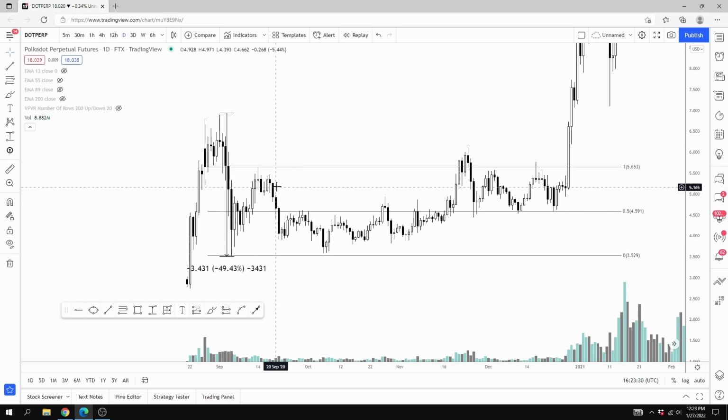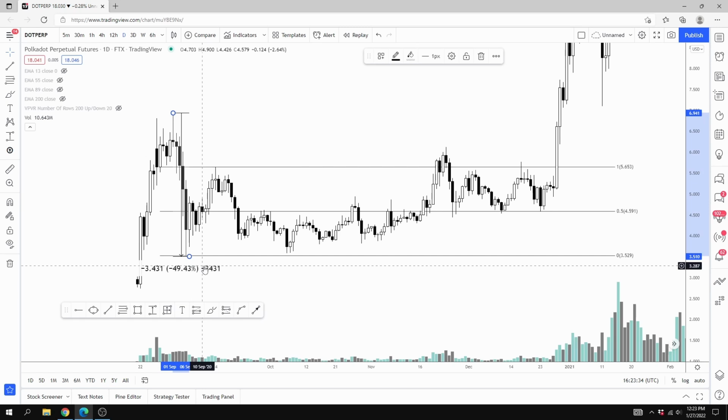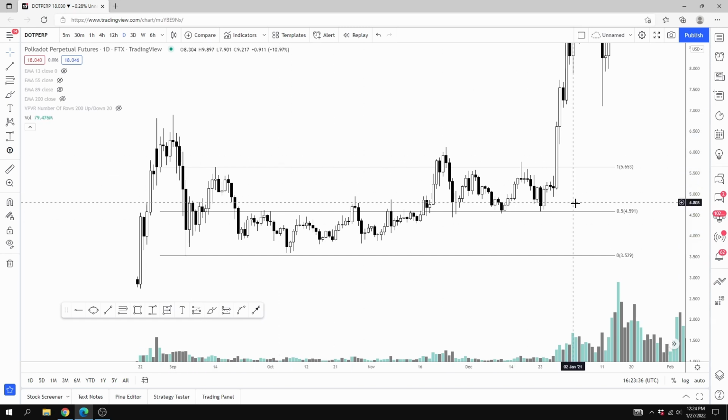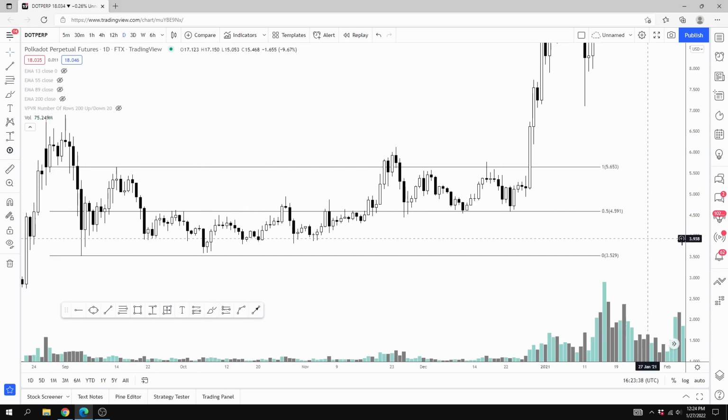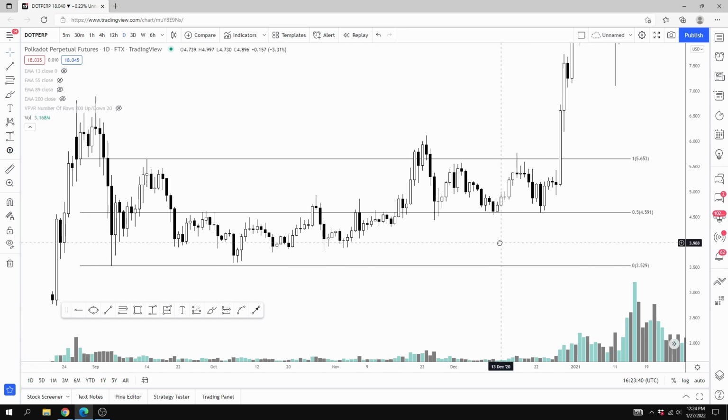But after that, you still see this kind of overall consolidation period where you don't really see new highs, or if they are, they're deviations like this. And you generally see kind of equal lows. You don't really see lower lows.